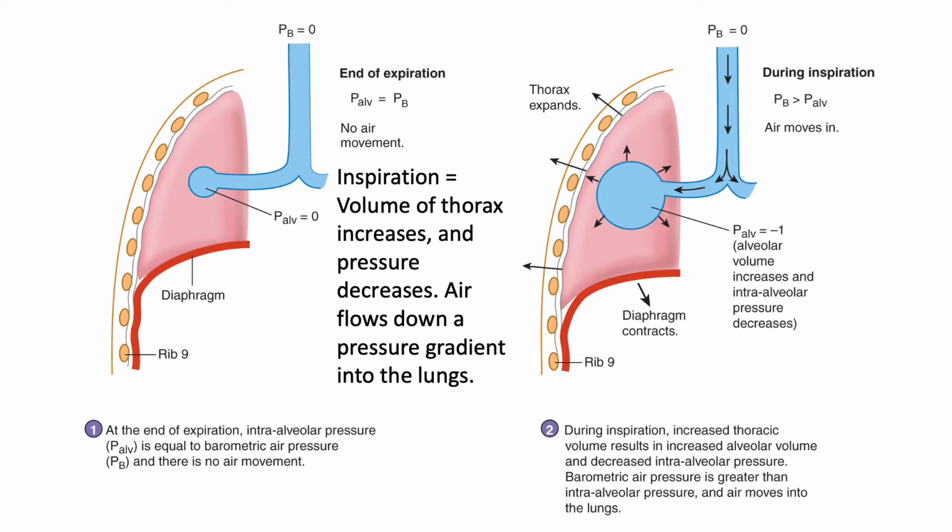Remember, volume and pressure are inversely related. So if the volume increases, the pressure decreases. The pressure within the lungs becomes less than the ambient pressure around us. So air moves down its pressure gradient from outside the trachea into the lungs, from higher pressure to lower pressure.